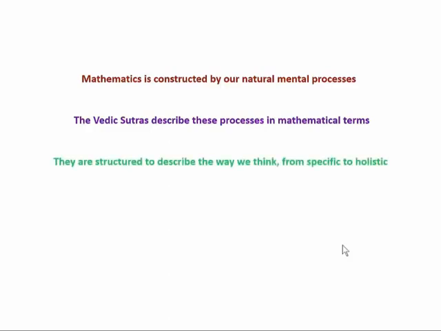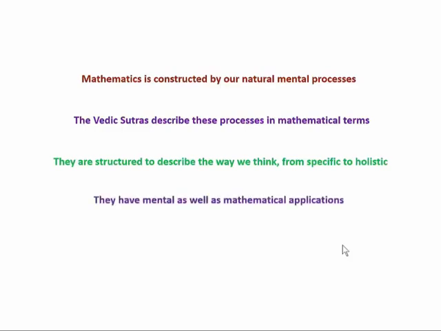So, to sum up, mathematics is constructed by our natural mental processes. The Vedic Sutras describe these processes in mathematical terms. They are ordered, structured, to describe the way we think, from specific to holistic, through those four tetrads.